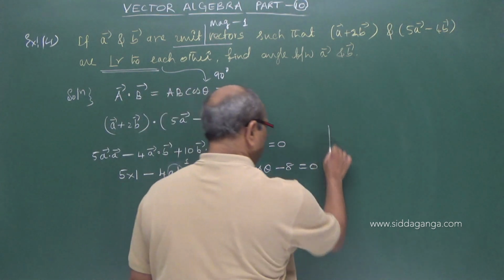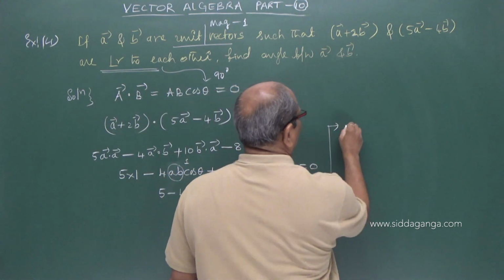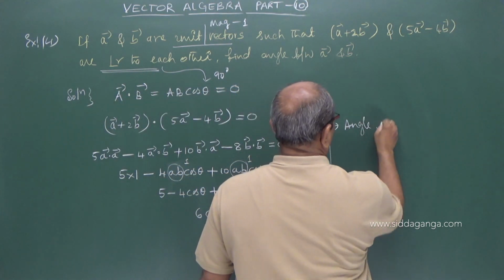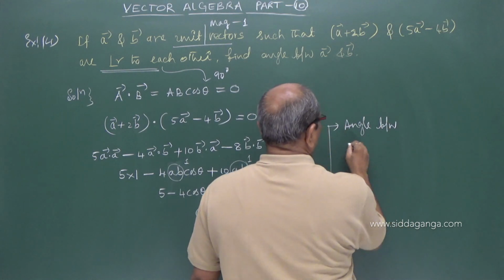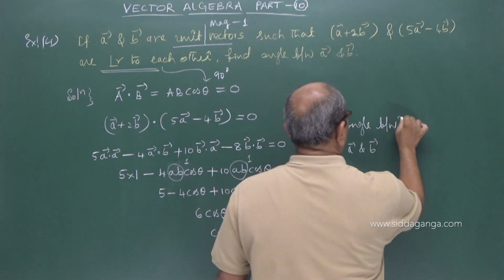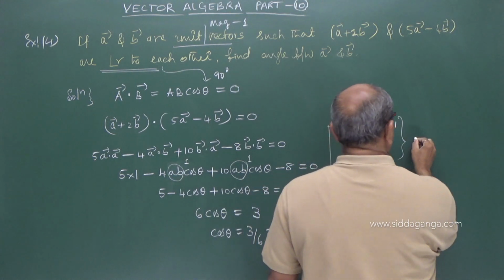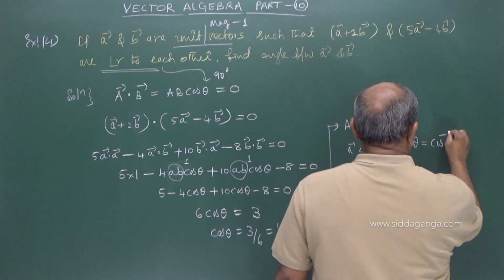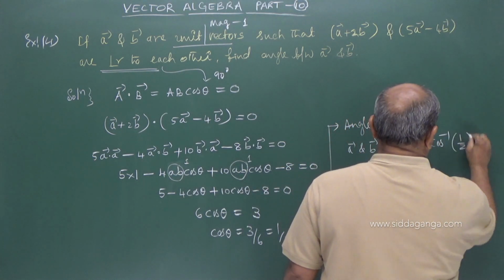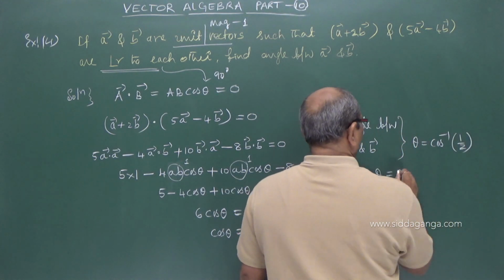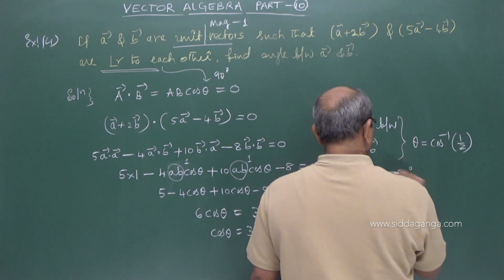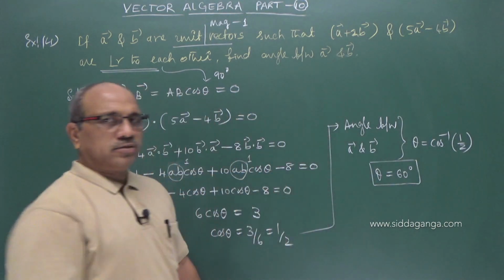So this implies the angle between A and B is cos inverse of half, equal to 60 degrees. Hence we got the answer.